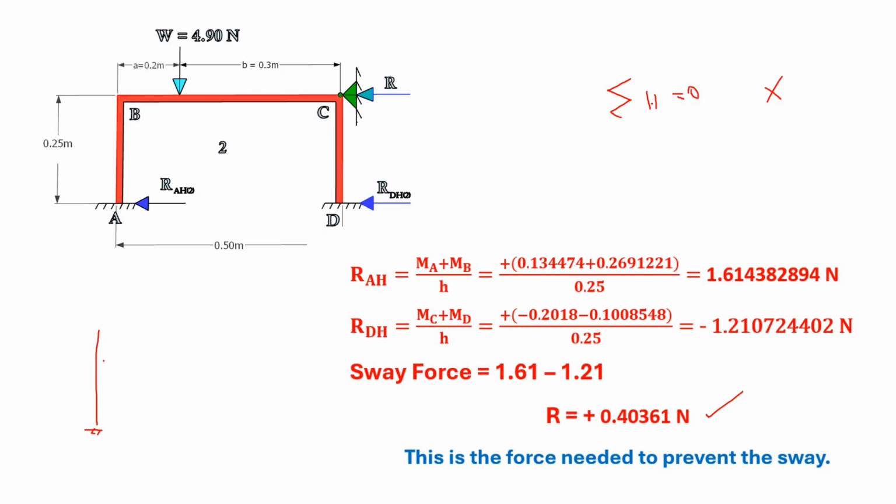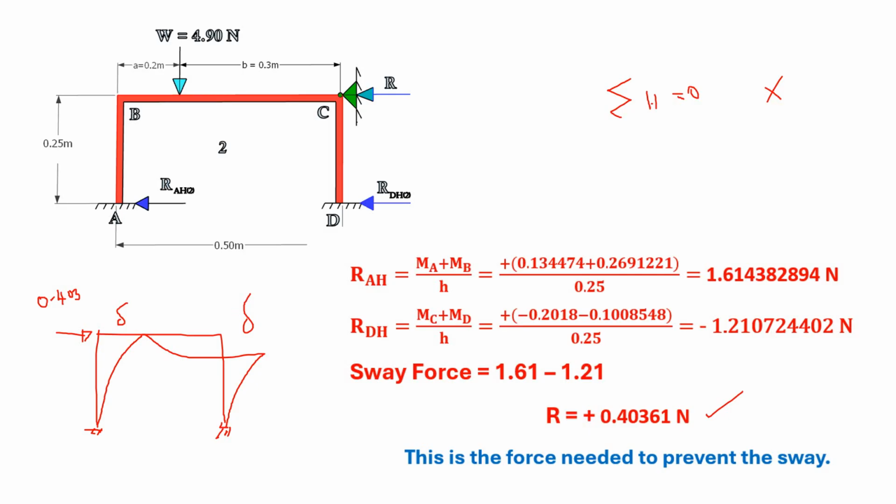So what we have to do is allow the deflection to happen. For example, you take the frame and apply a sway force of 0.403. It bends like this, where you have delta at these locations. We will try to estimate the deflection by using the sway analysis.